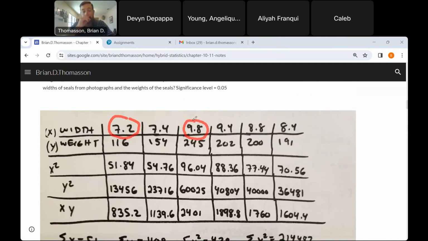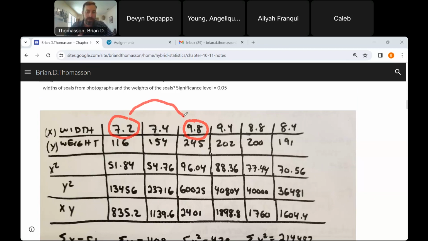Now, we're trying to plug in a seal picture width of 2, which is well outside that range. When we build a regression equation, it's made for this range from 7.2 to 9.8. Outside that range is called extrapolation.